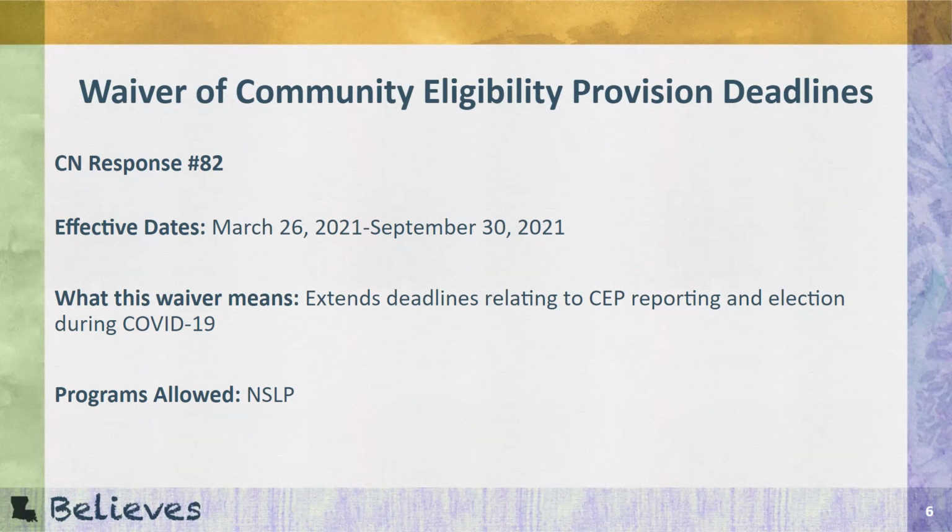So we're now in June, when we usually are looking at that final election of CEP, which is usually done by June 30th. And now we're just starting to talk about CEP data being submitted. So we know that these deadlines have been drastically changed due to COVID-19 in this particular school year.